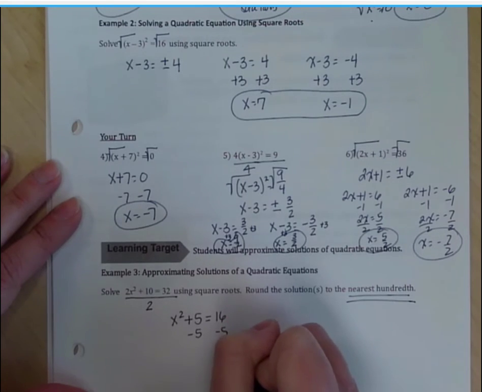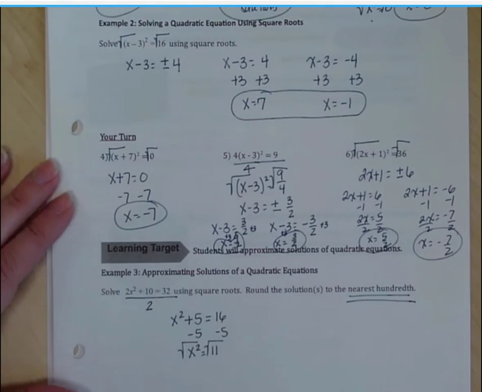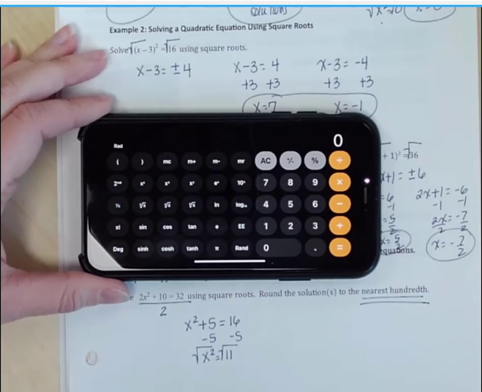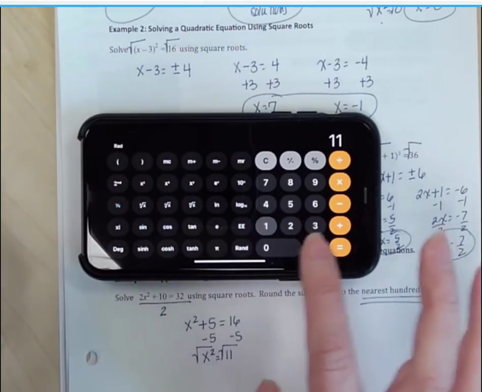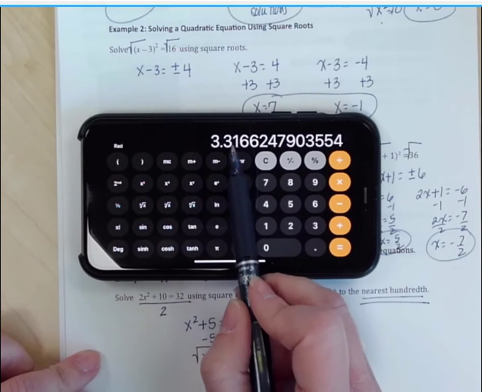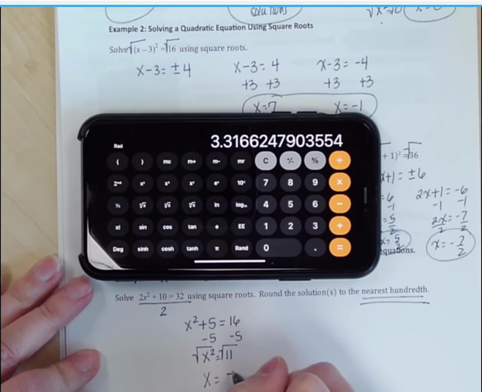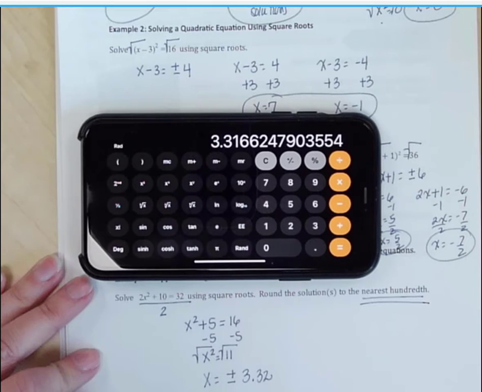Now I'm going to subtract 5 from both sides. So I end up with x squared equals 11. So I'm going to find the square root of 11. I'm going to round to the nearest hundredth. So x equals plus or minus 3 and 32 hundredths.